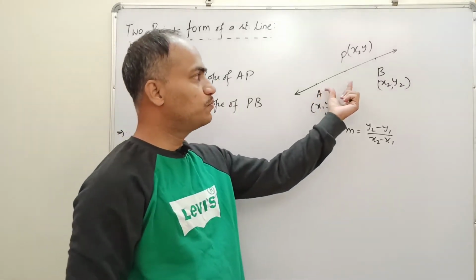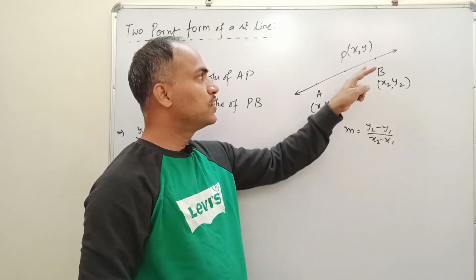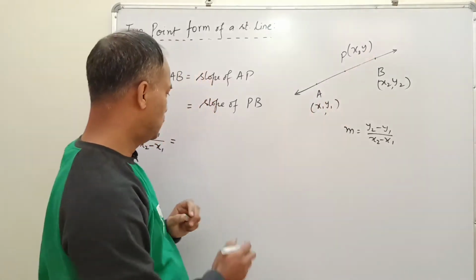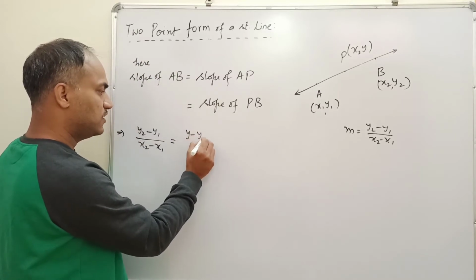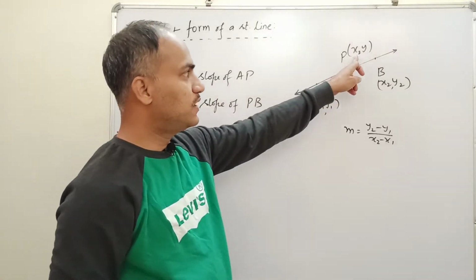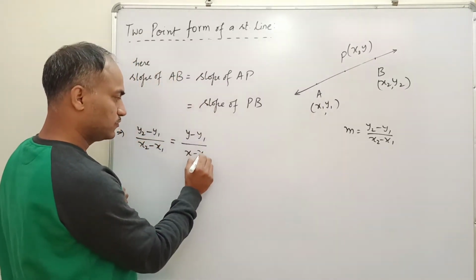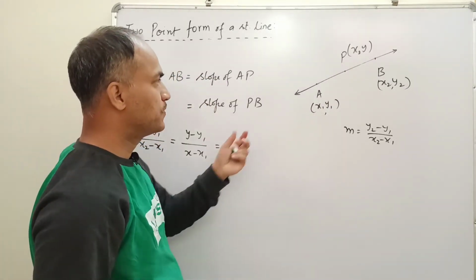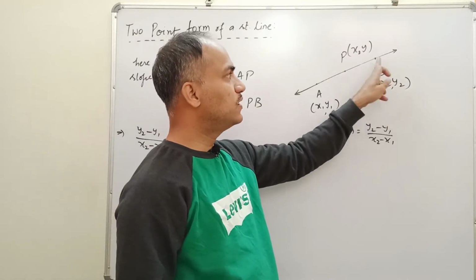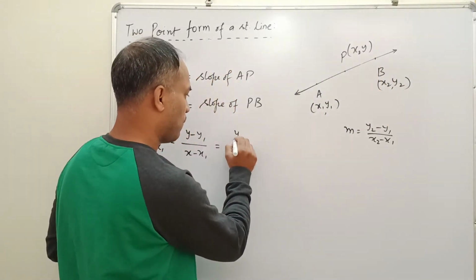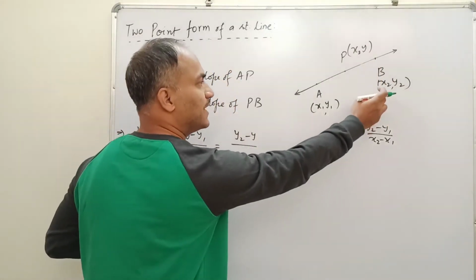Now this is the slope between these two points, so this becomes y minus y1 upon x minus x1. And this value also gives us the slope of PB, so it means y2 minus y upon x2 minus x.